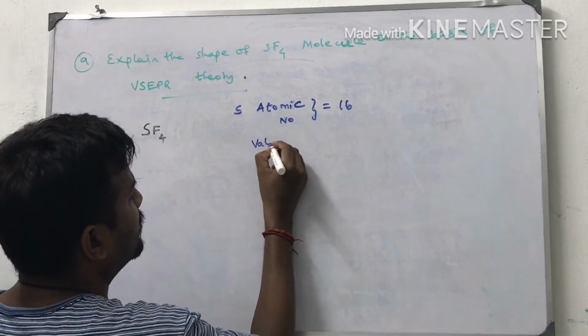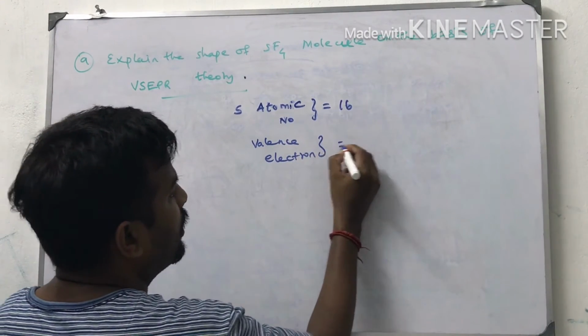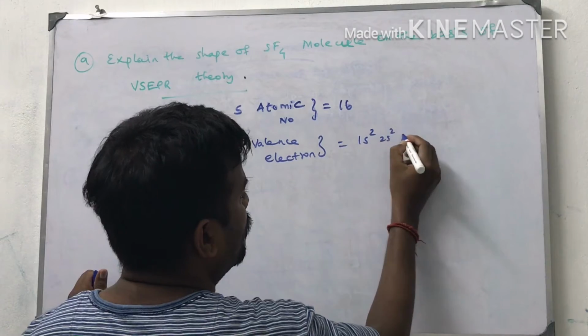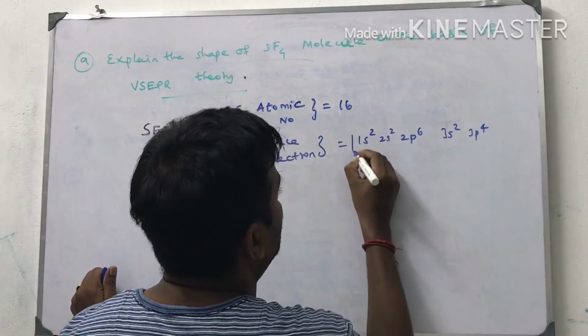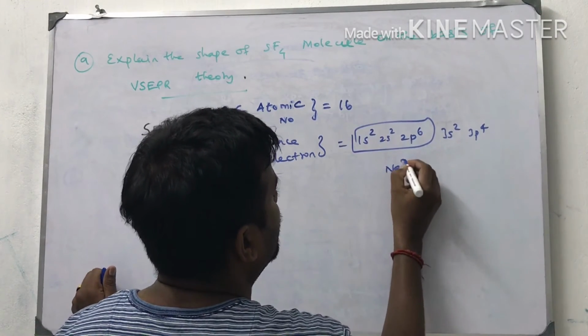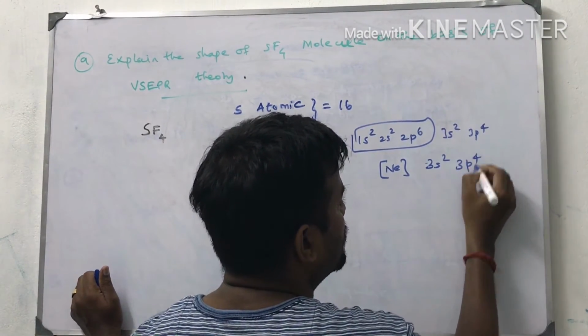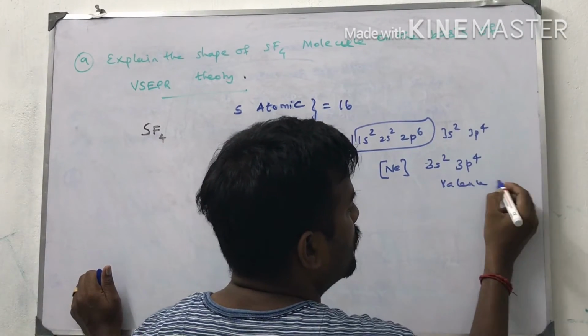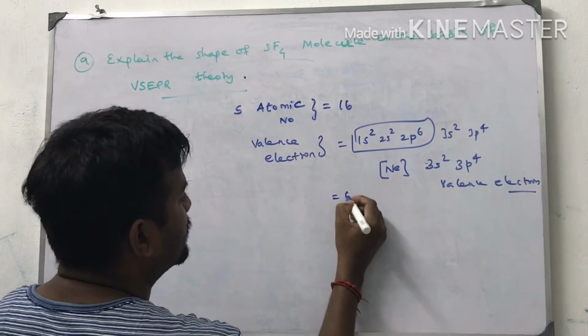Valence electron in sulfur is equal to 1s2, 2s2, 2p6, 3s2, 3p4. Up to this is called a neon configuration, noble gas configuration. Remaining 3s2, 3p4 is called the valence electron. So how many valence electrons are present in sulfur? It is equal to 6.